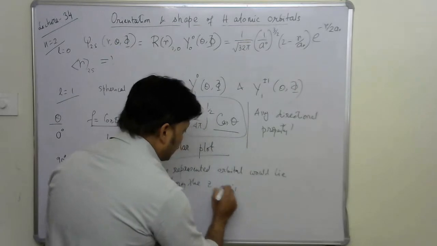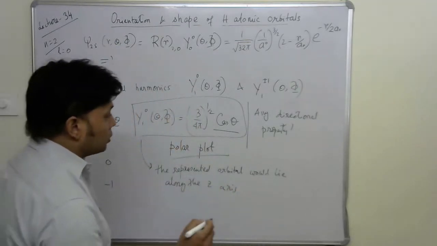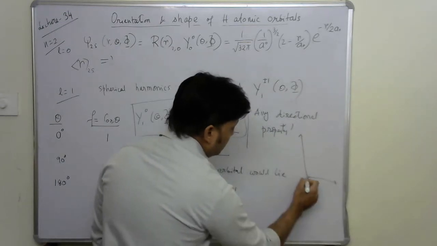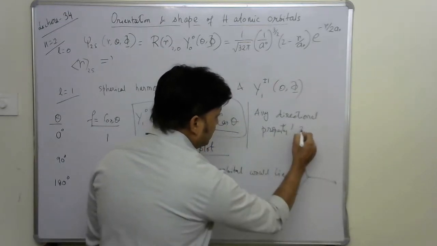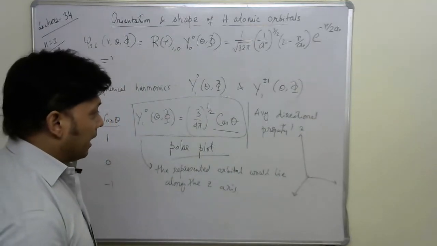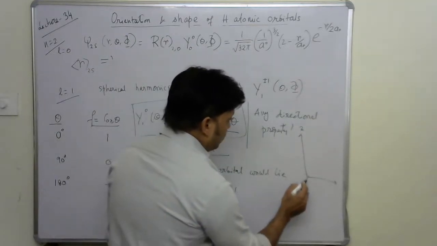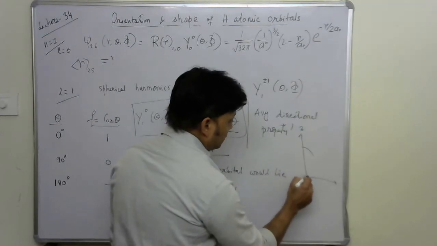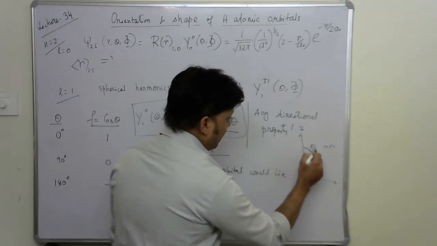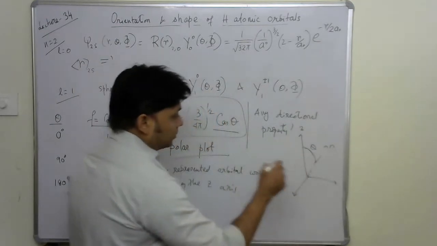Why the z-axis? Because according to our definition of the polar plot, if you remember, this is the xy plane and this is the z-axis. The angle that the vector r makes with respect to the z-axis is theta, and phi lies on the xy plane.